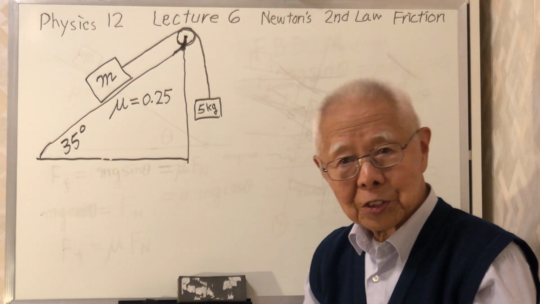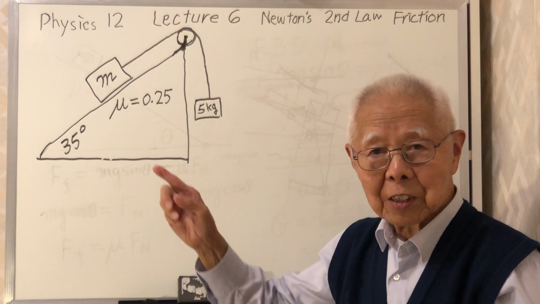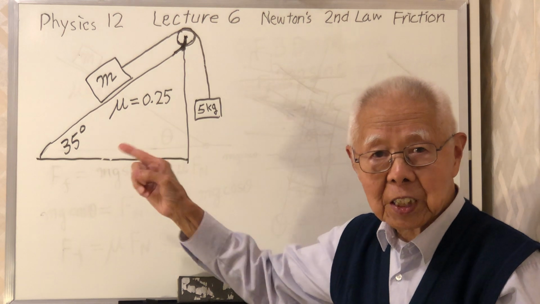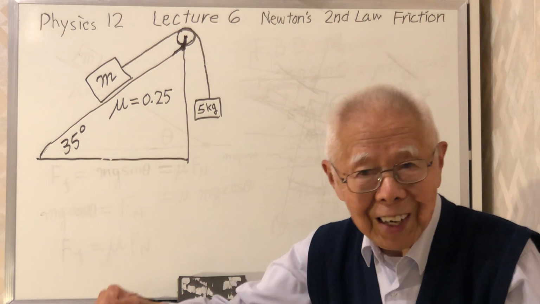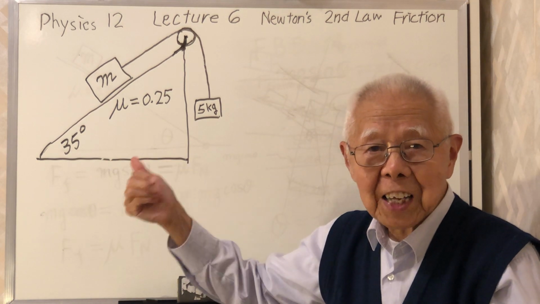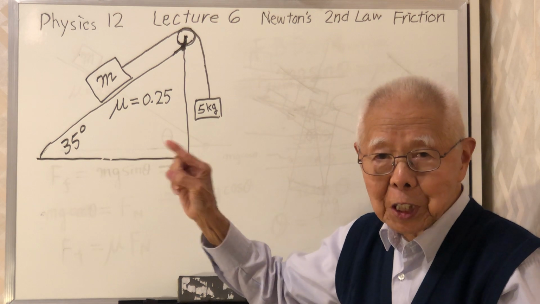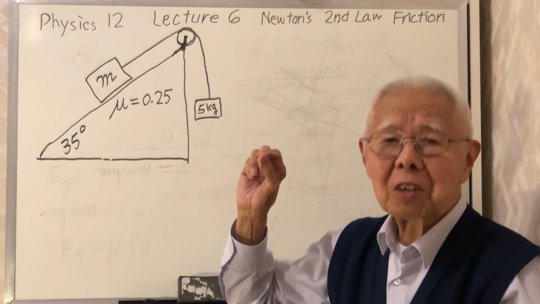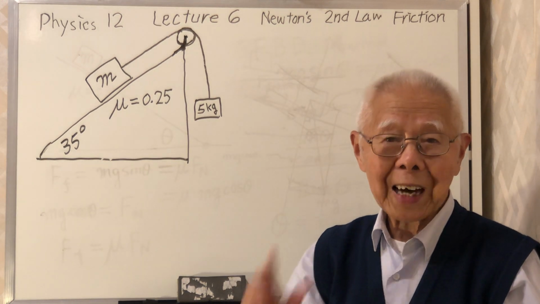Then there is a situation when the m is big enough, it almost wants to slide down, but not quite. It will stay there, not moving. But if you increase the mass by just a little amount, it will slide down. So that is the situation.